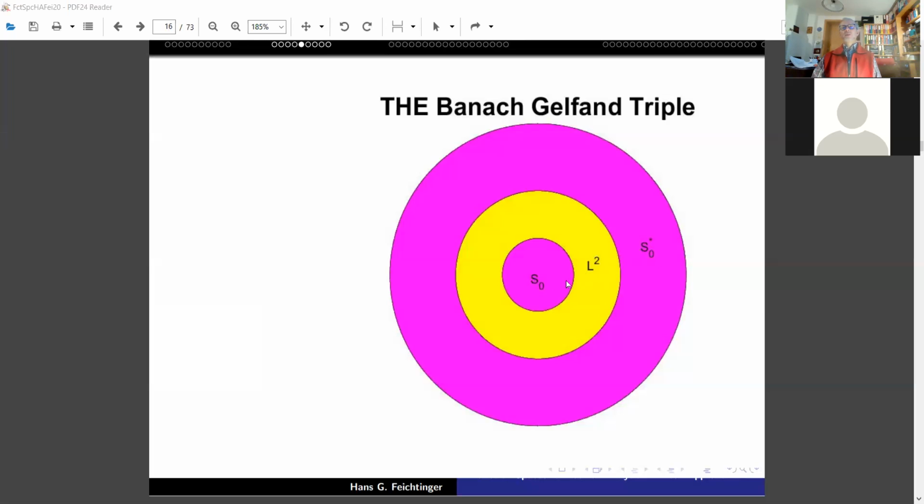So we have already seen that S0 is weak star dense in S0 prime. What was the idea? Maybe I try to change to another folder. Let me give you a new window.